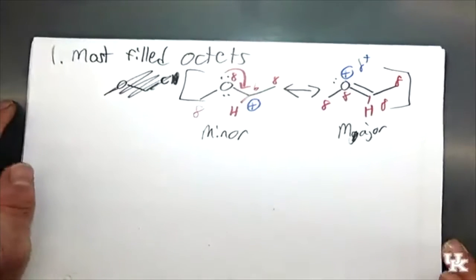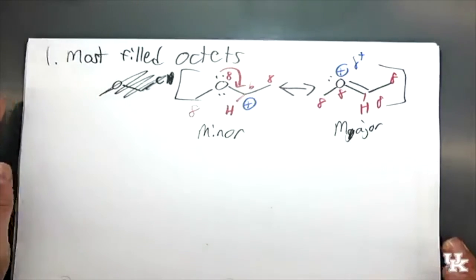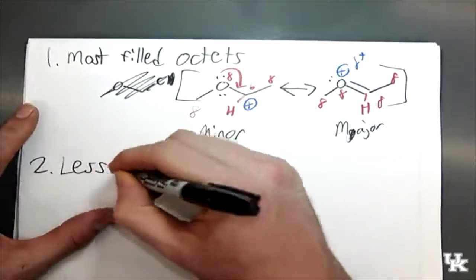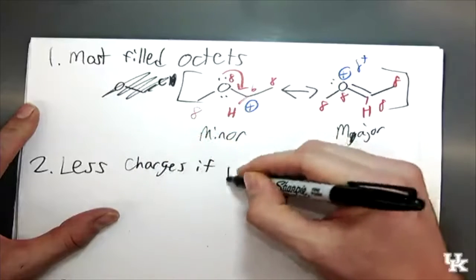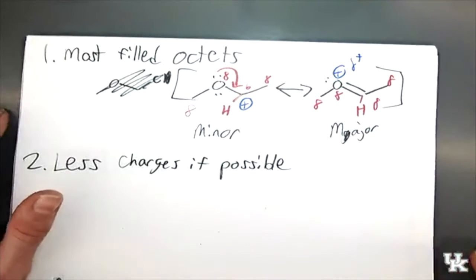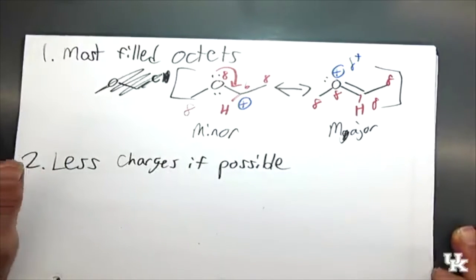The second big rule is one that you kind of already got the feel for, I think, and that is less charges if possible. And that means exactly what it sounds like. The more neutral you can make the molecule, the better.